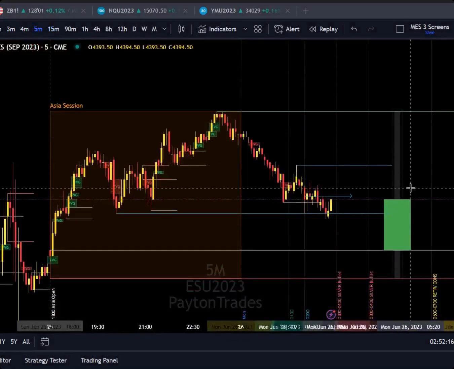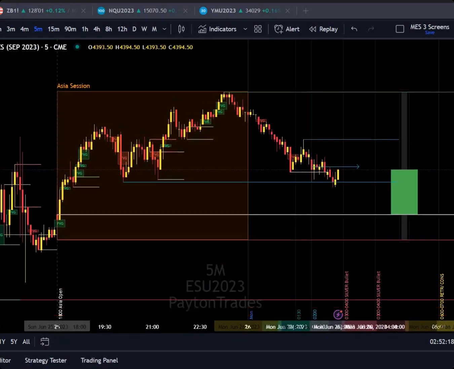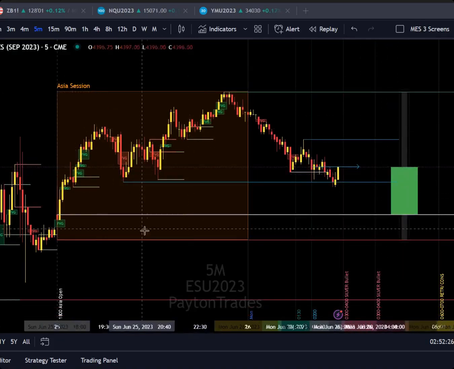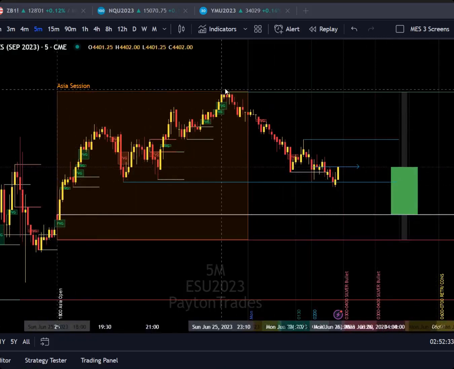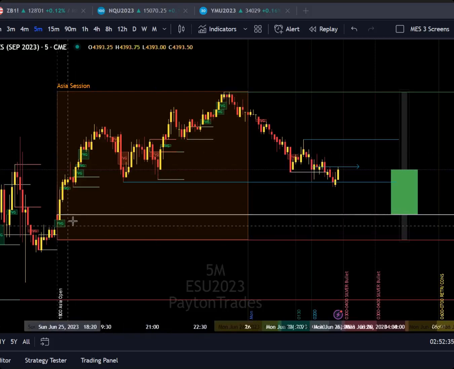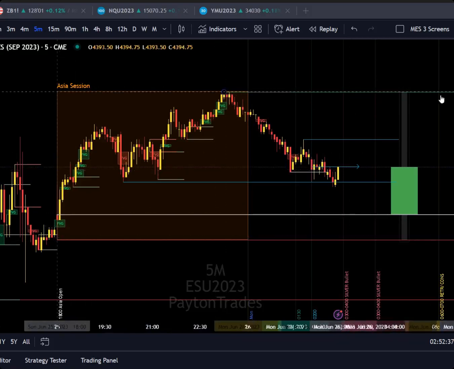And this is what you do until you see your setup. Again, I'm not taking a trade until it either hits the Asia high or the Asia low, because it's still trading within the range. Watch the cursor. Asia high, Asia low, Asia high, Asia low. Nothing has happened.